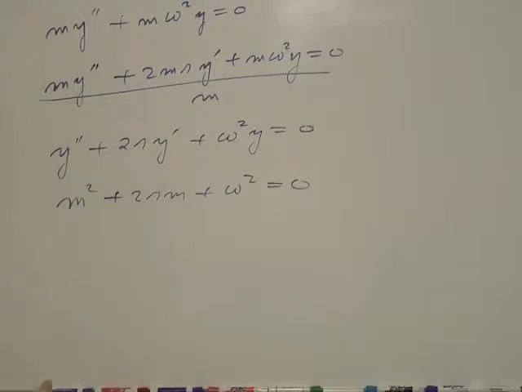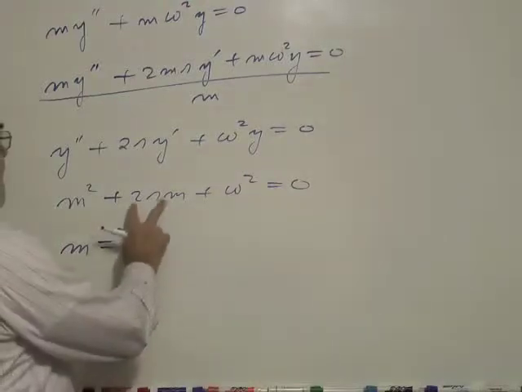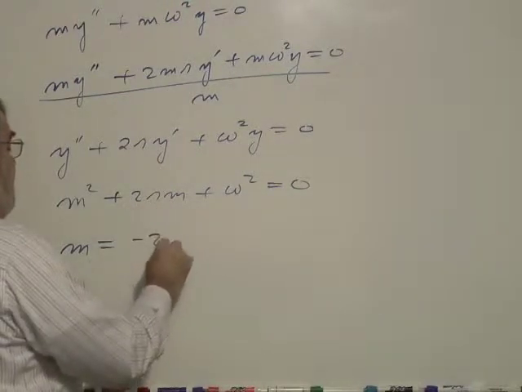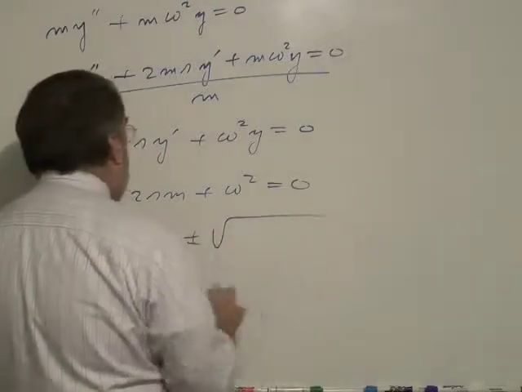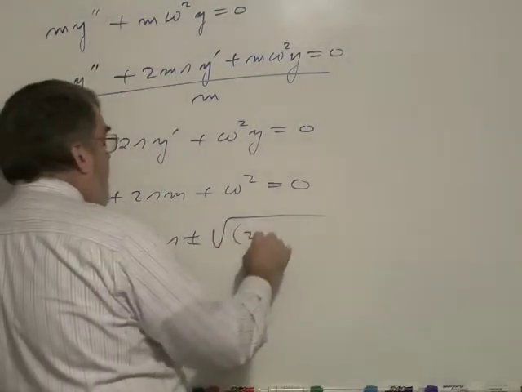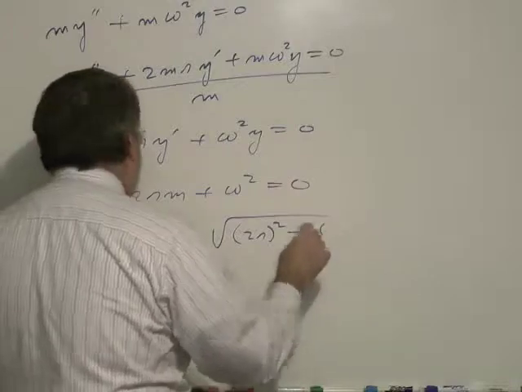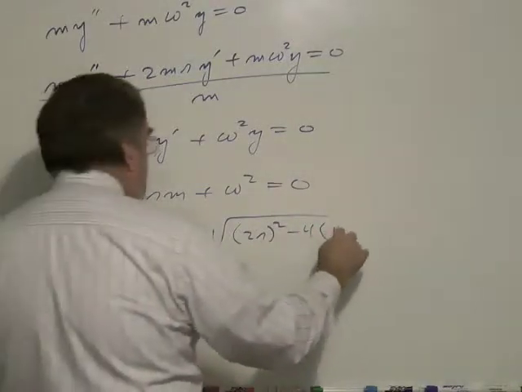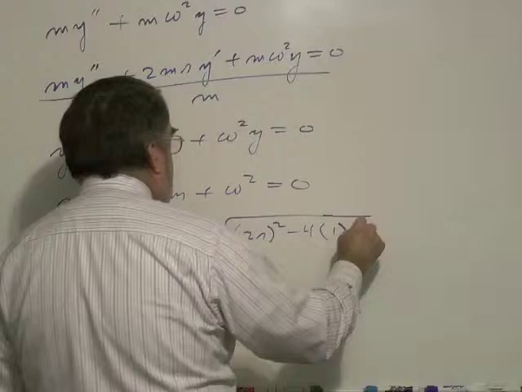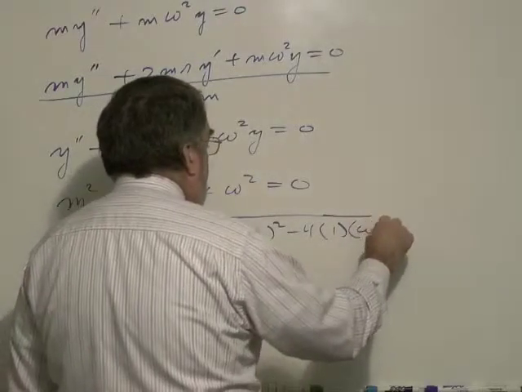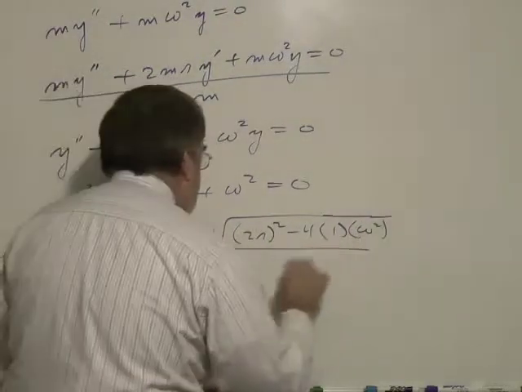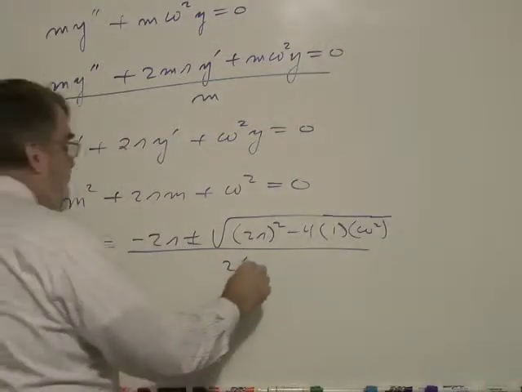So in a minute you're going to see why the 2 shows up. It really is for our convenience. And now I'm going to solve that by using the quadratic formula. So m is equal to minus this coefficient, minus 2r, plus or minus the square root, this coefficient gets squared, 2r quantity squared, minus 4 times 1 times omega squared, and all that's divided by 2 times 1.